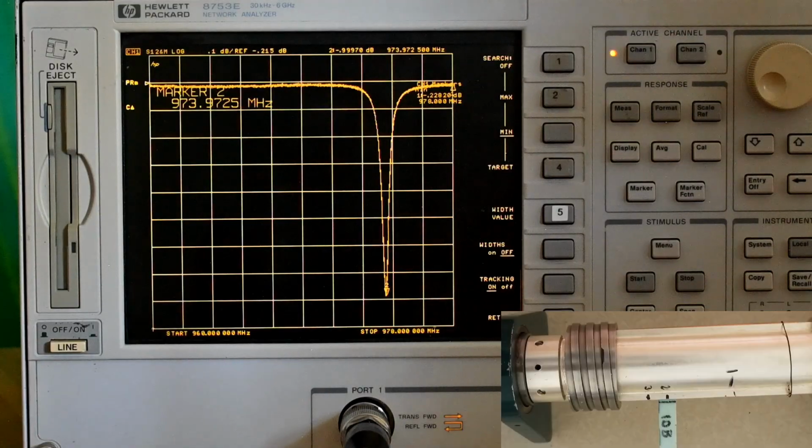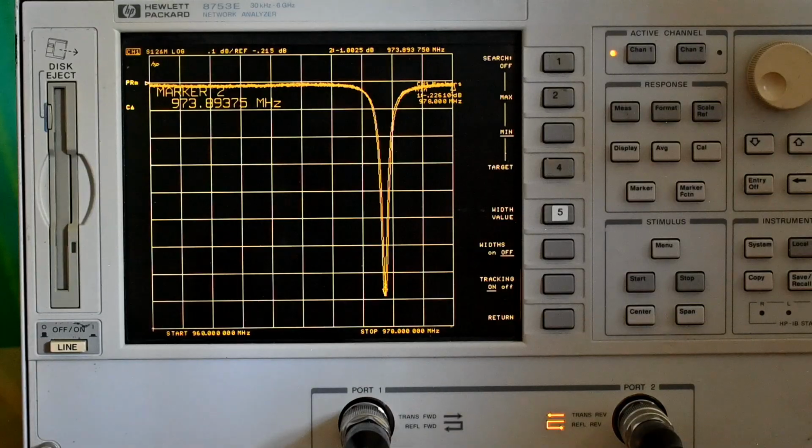You can buy the expensive stuff, but if you're watching my video, you probably don't care to do that. I'm going to shove this in the chamber very carefully, and there you see, a tiny shift in frequency, and a tiny shift in Q value and loss. And that is precisely as expected.